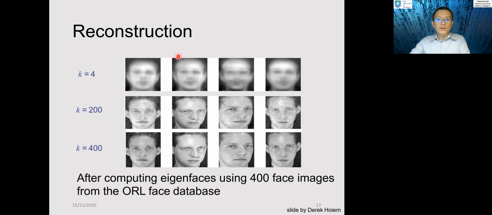When k equals 4, it is more like a generic face, right? You can't recognize a person from that. But here you can already recognize a person. And when we use 400 eigenvectors, the reconstructed image looks almost perfect.